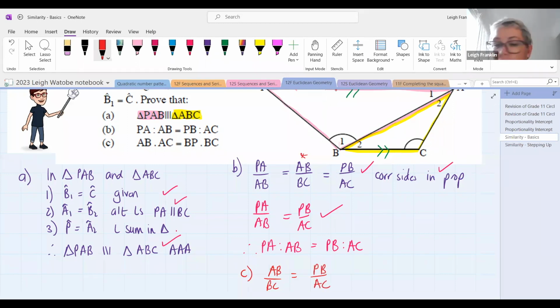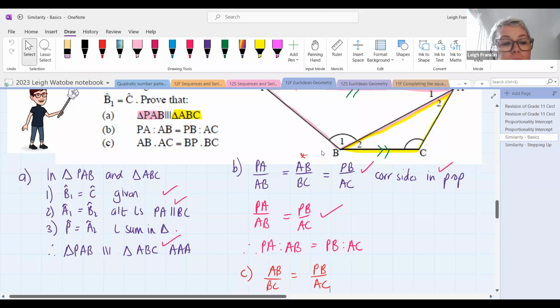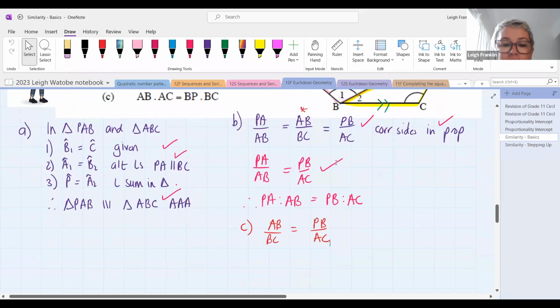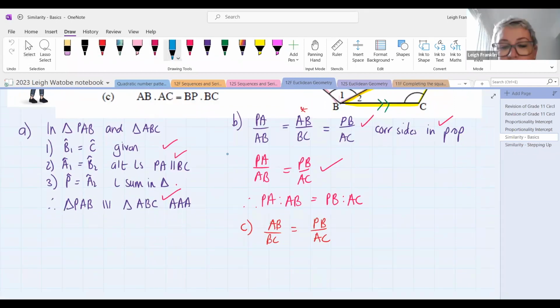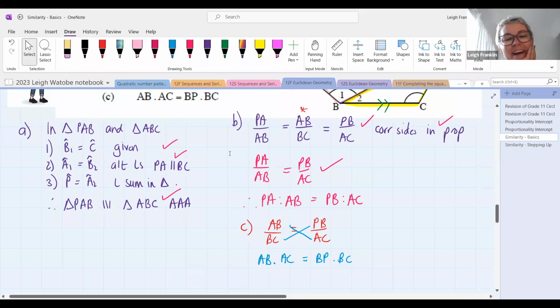Fantastic. And then from there, what did you do? From there, I cross multiplied to get my answer. Absolutely fantastic. So cross multiplying here, getting AB times AC, and then cross multiplying over there and getting PB times BC. It really doesn't matter the order of the letters. That is just amazing. Well done.